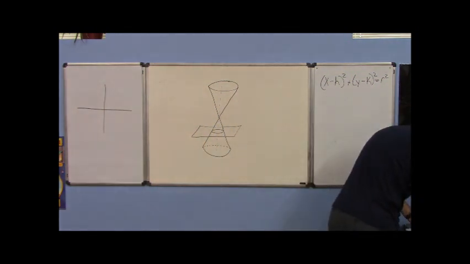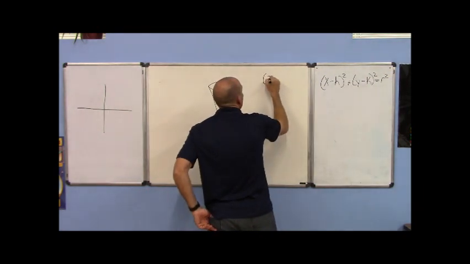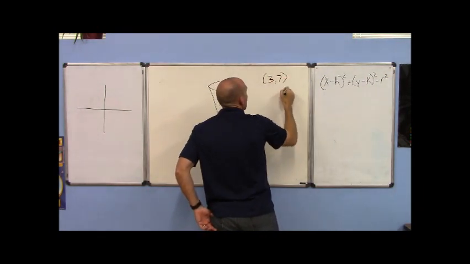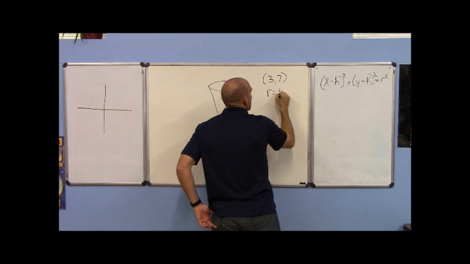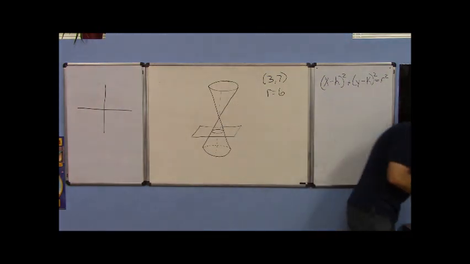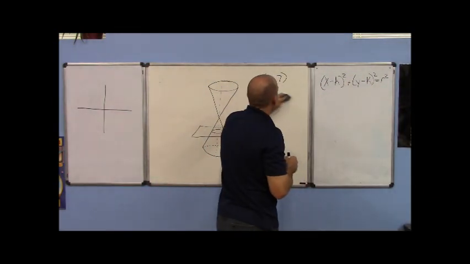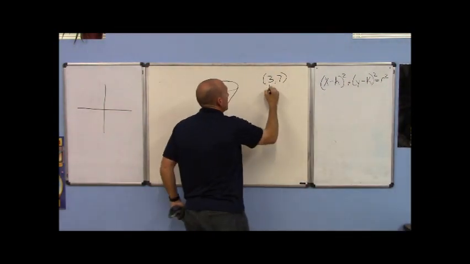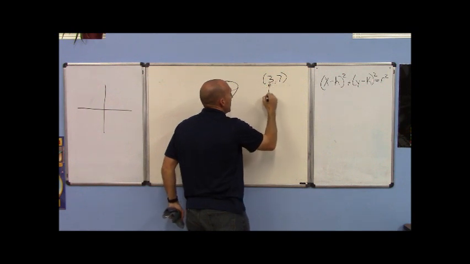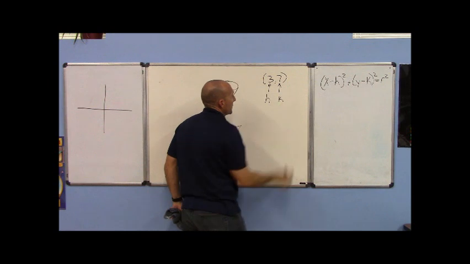So if we were given a coordinate of (3, 7) and the radius equals 6, this is going to be your h. This is going to be your k.